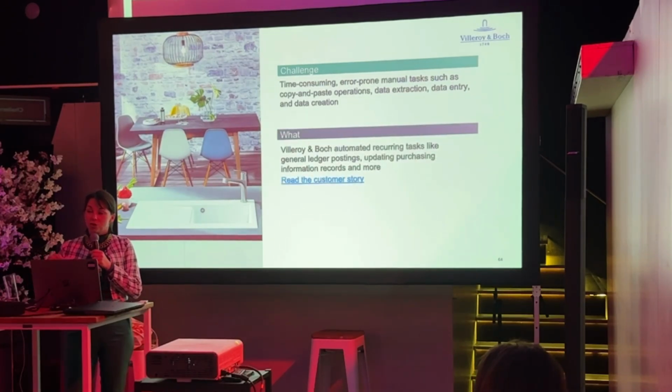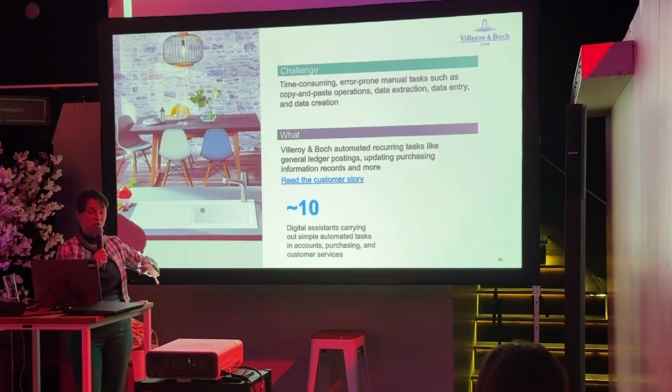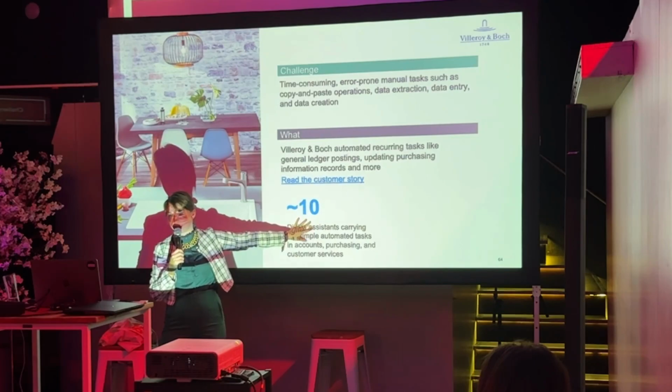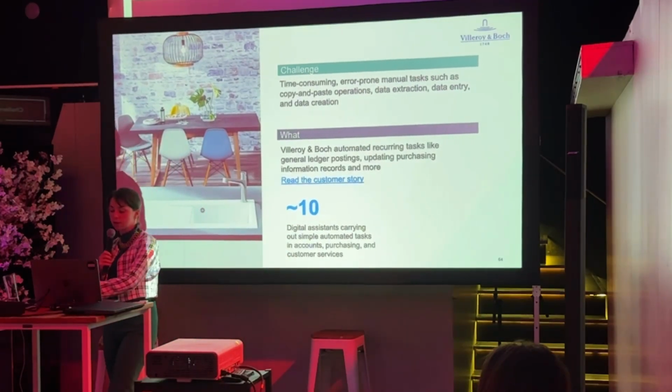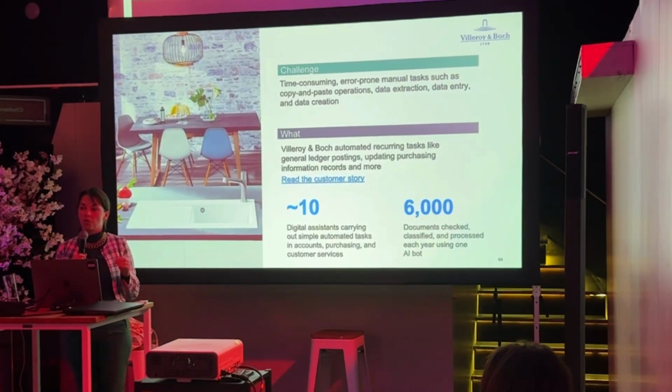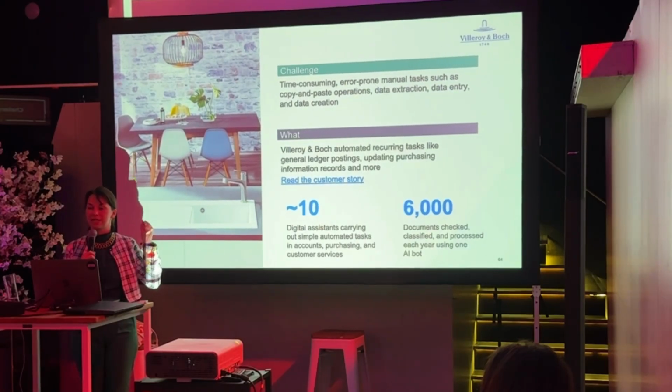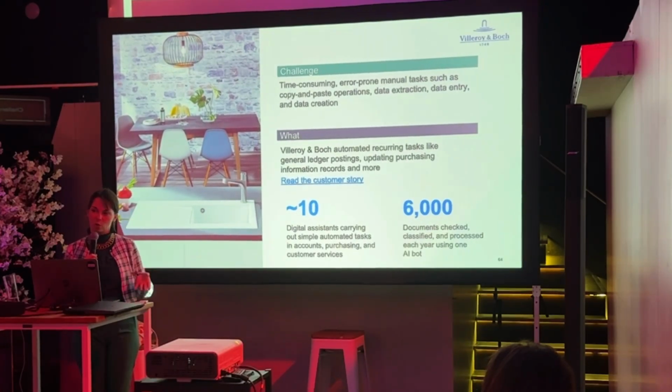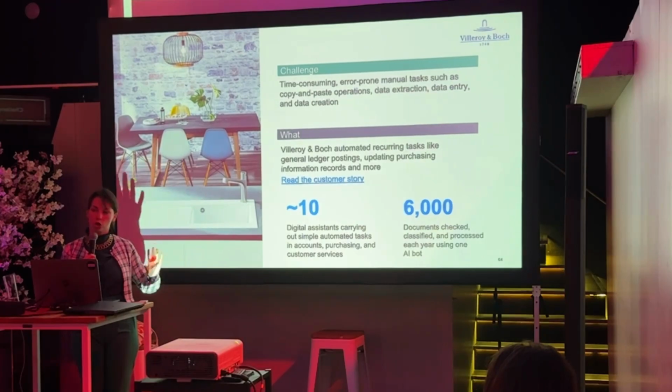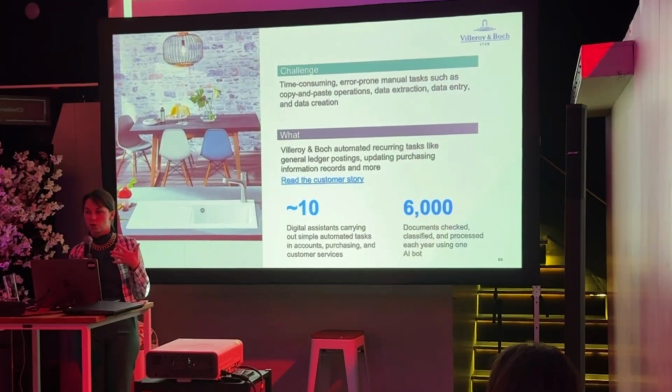And they used our automation story exactly as I described and showed you before. What they managed to do is they now have over 10 digital assistants running on their systems and checking over 6,000 documents a year. And I find that quite impressive. And this is now all automated. Before, humans were looking into this, but now they can focus on the more value-generating tasks.